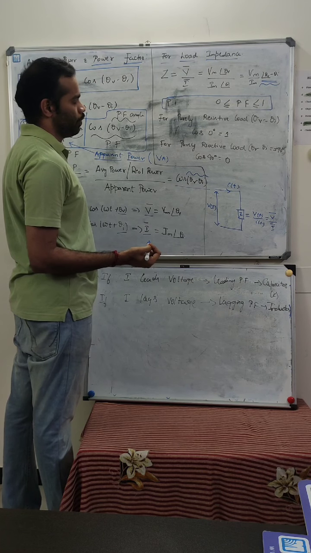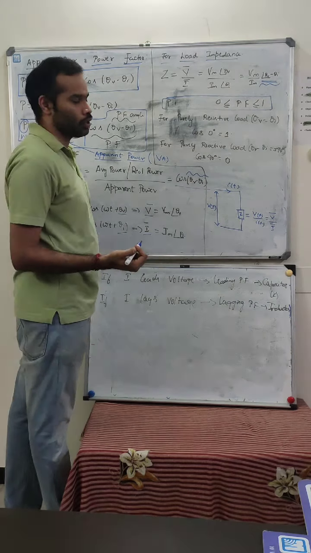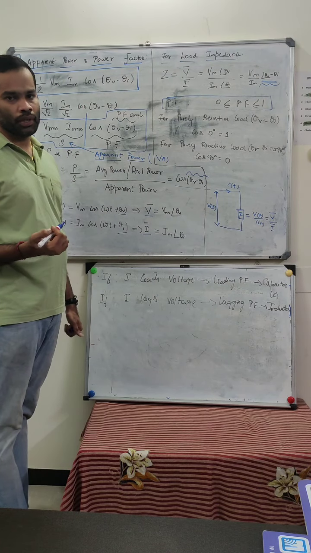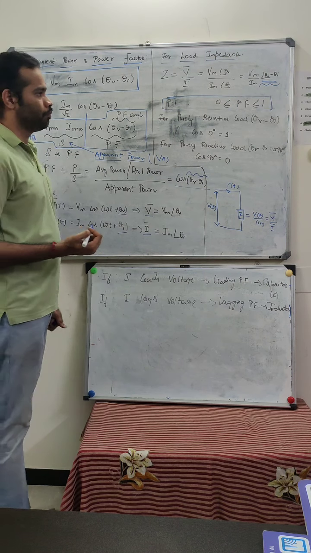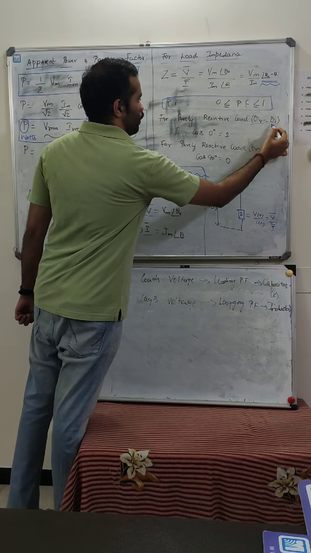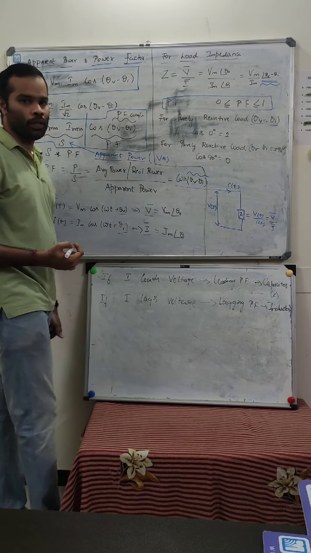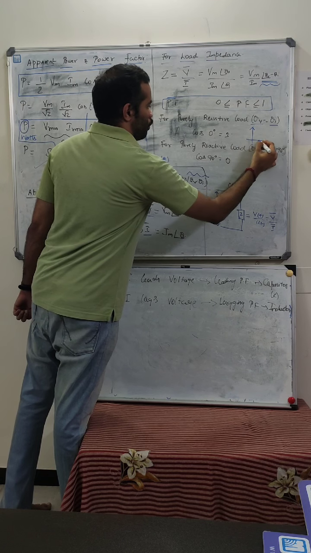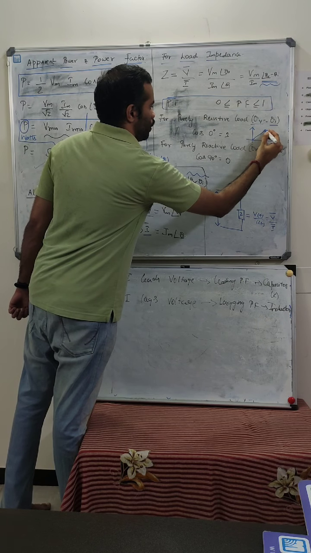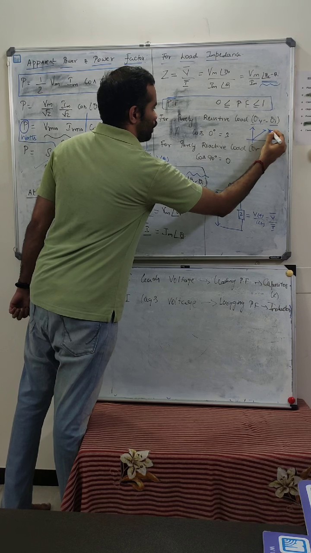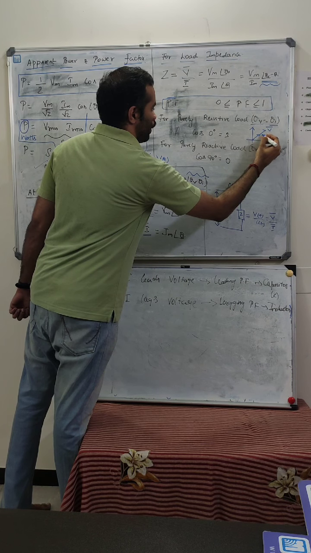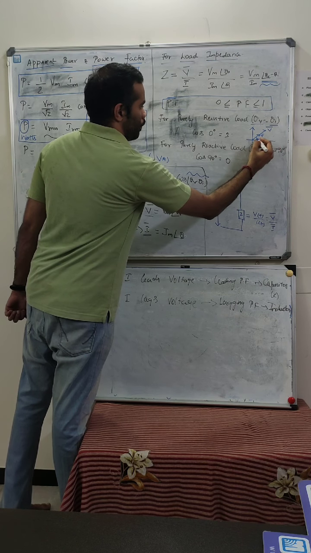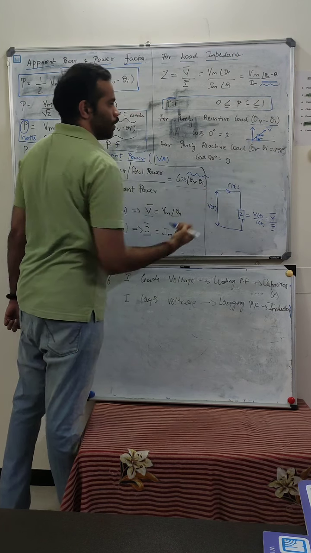Just consider we are going to deal with only three different loads: the resistive load, the inductive load and the capacitive load. Whenever we say resistive load, your angle theta V and theta I will both be the same, because when you relate your phasor diagram, the magnitude of the V phasor and the I phasor are in phase.